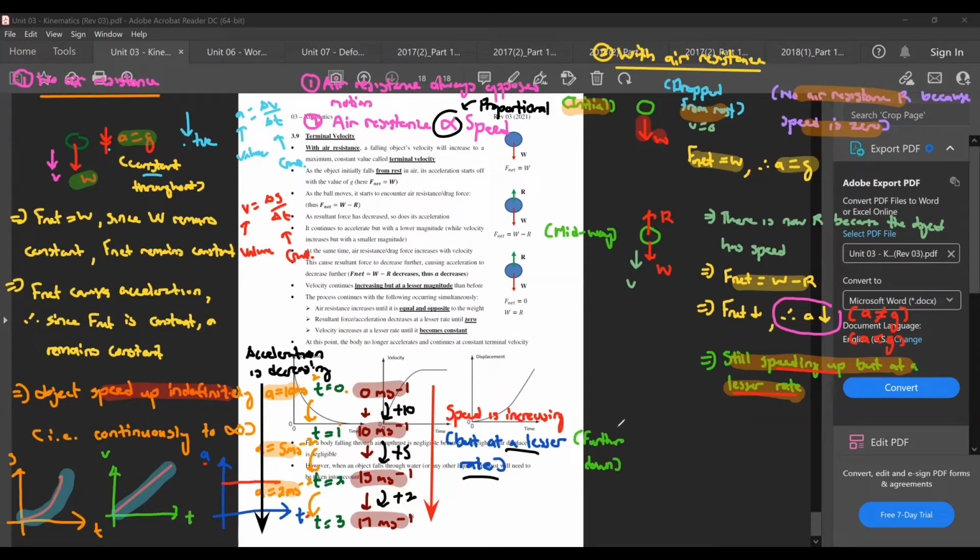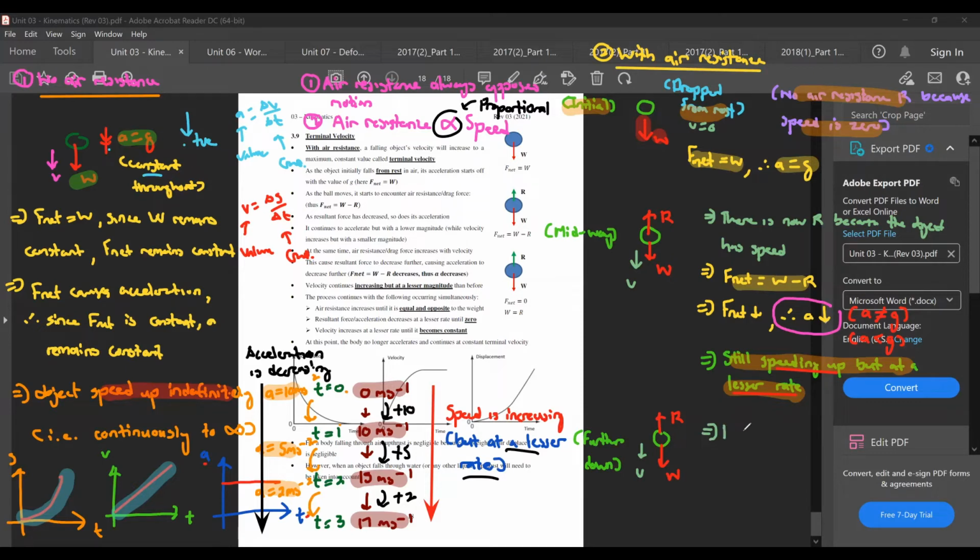So my object is here. I again still have my weight W, and again I still have my air resistance, and I'm still moving downwards. So say for example right now, what can I say about my air resistance?